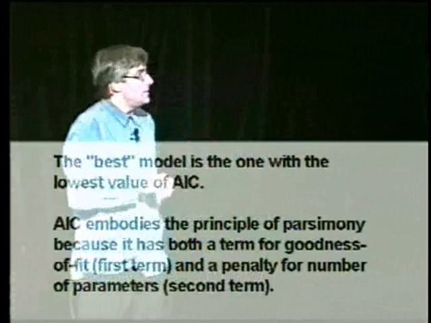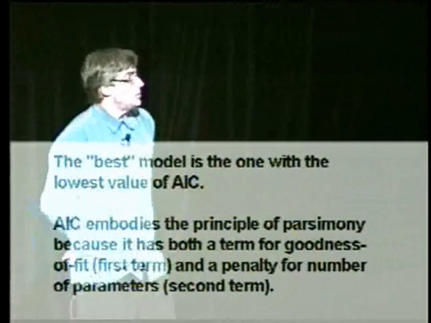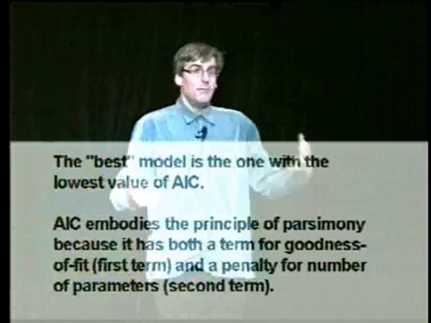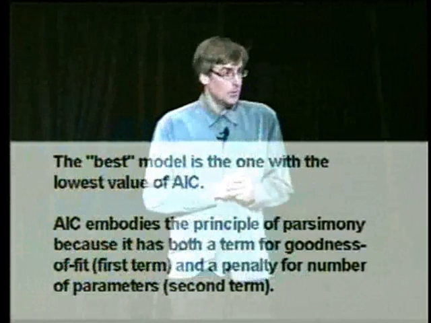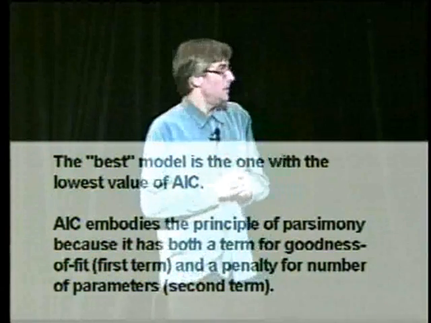And with AIC, you compute the values for each competing model, and the model with the lowest AIC score is the preferred model. Now, there are other model selection criteria besides AIC that have been used. There's some based on Bayes factors and so forth.